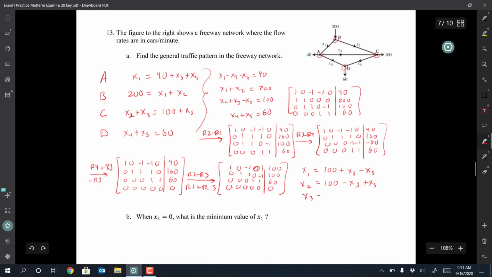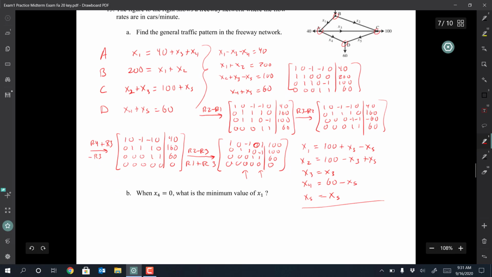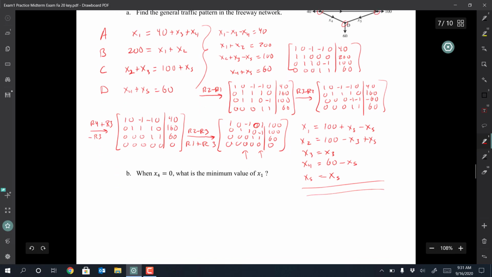My x3 is a free variable. I can tell that because there's no pivot in the third column. My third row tells me that x4 is equal to 60 minus x5. And there's no pivot in the last column, so x5 will also be a free variable. So this would represent my solutions in parametric form. And then the question is, when x4 is 0, what is the minimum value of x1?